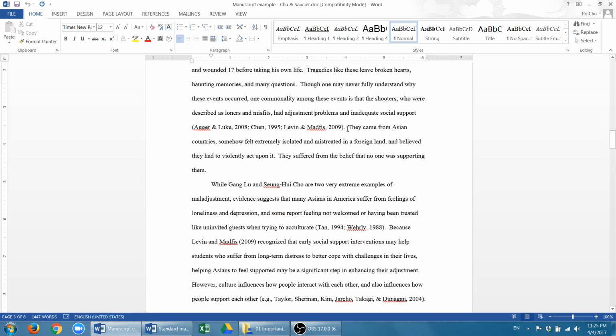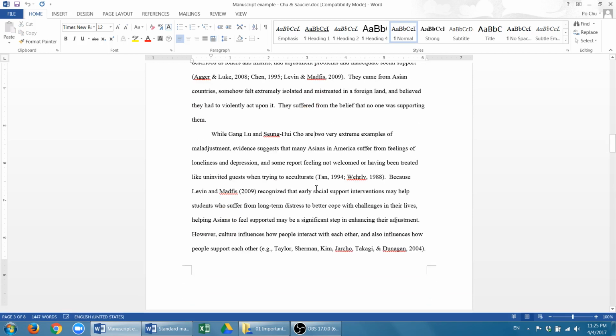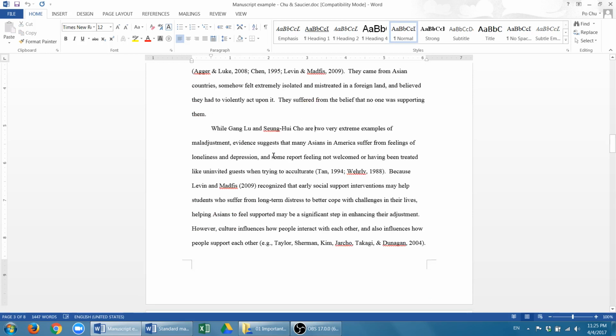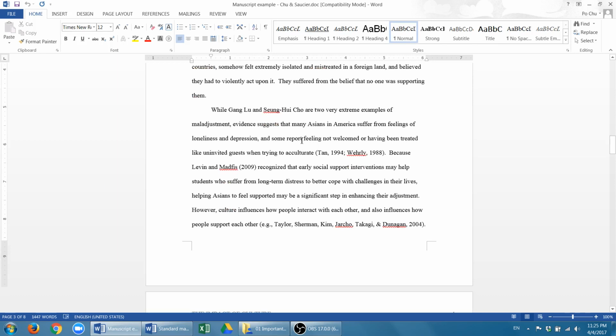The idea has to be supported by research, and this part is kind of like a transition to the next paragraph. You'll notice pretty much every idea is supported by research.